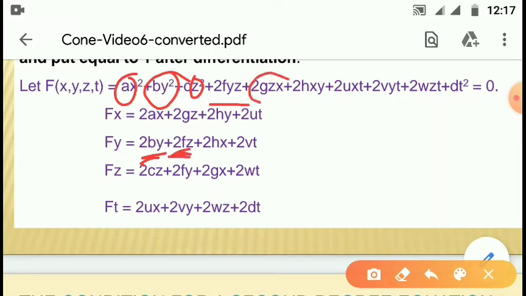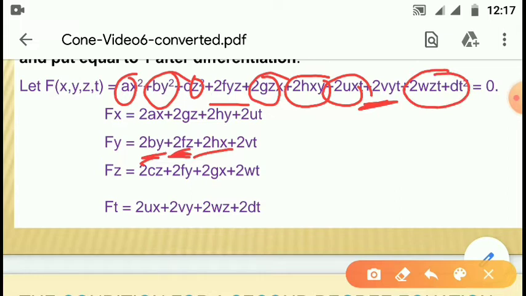So derivative of this term is 0, and derivative of this term is 2hx, and derivative of this term is 0, and derivative of this term is 2vt, because derivative of y is 1. So all these terms are constant with respect to y. Therefore derivative of these terms is 0. You will get like this.